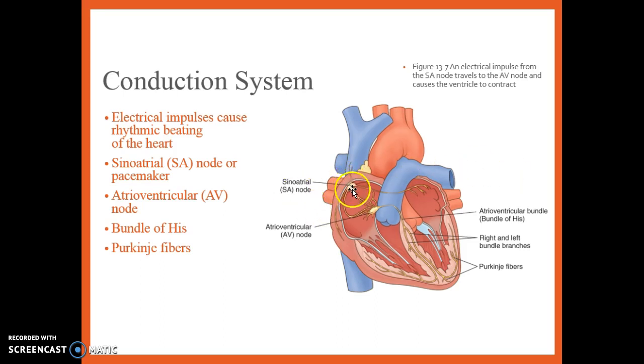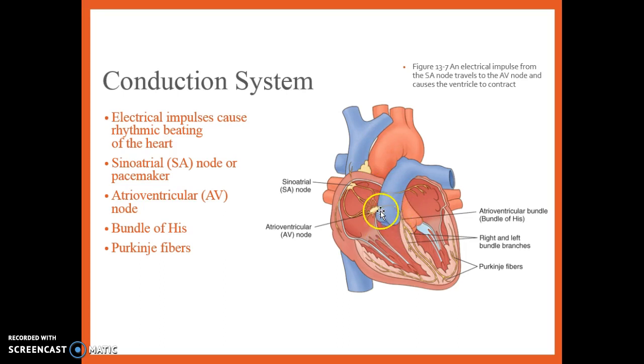It all starts with the sinoatrial node. Notice that it's in the upper right of the right atrium. It will send a signal to have the right atrium contract, and that signal goes over to the left atrium also, so they will simultaneously contract.